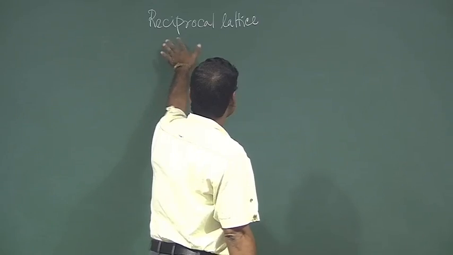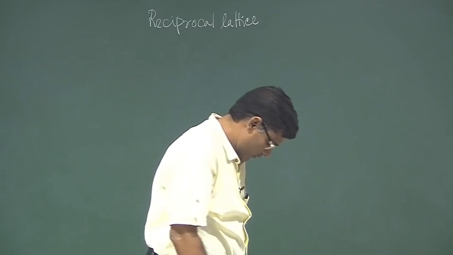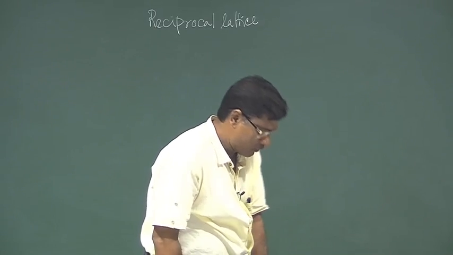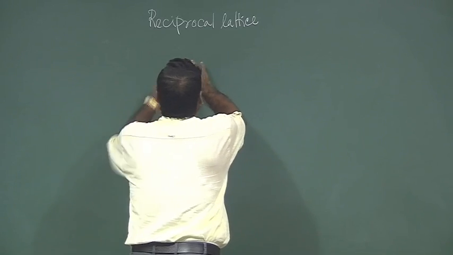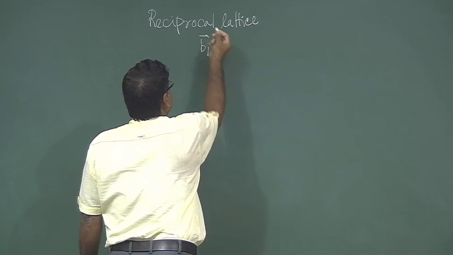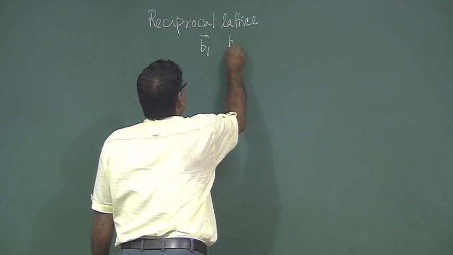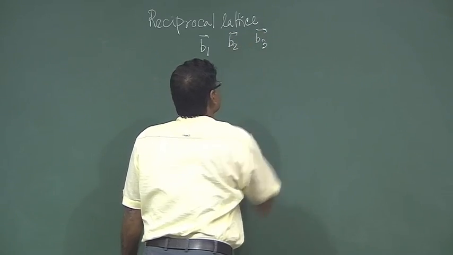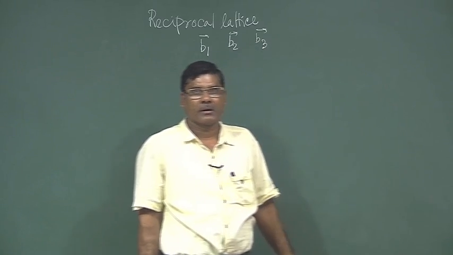It has a relation with the space lattice, the crystal lattice, and we have defined the axis system B1, B2, B3 in connection with A1, A2, A3.